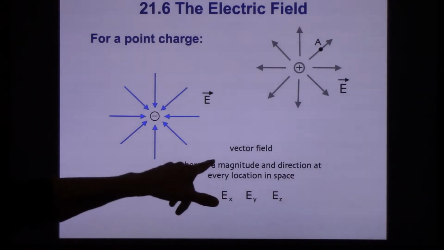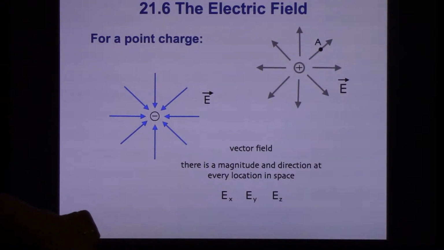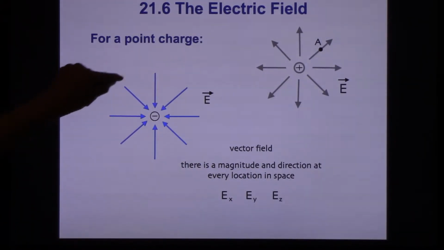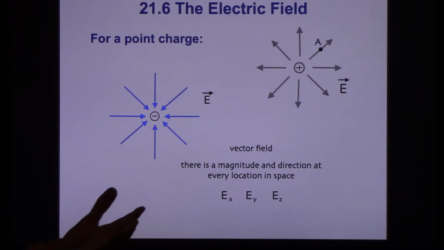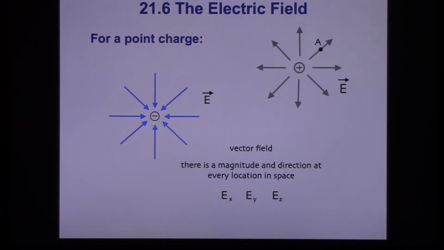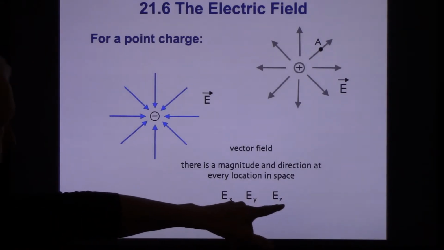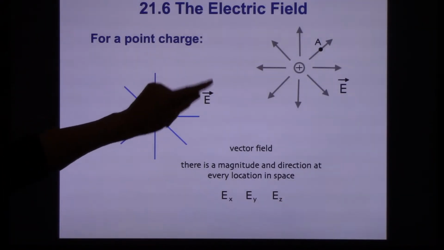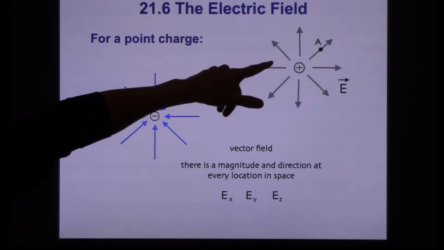But a vector field means that at every location in space, there is a magnitude of the electric field and there's a direction of orientation. Another way to represent a vector would be to represent its components. So you can think of this at every location in space, like point A right there.